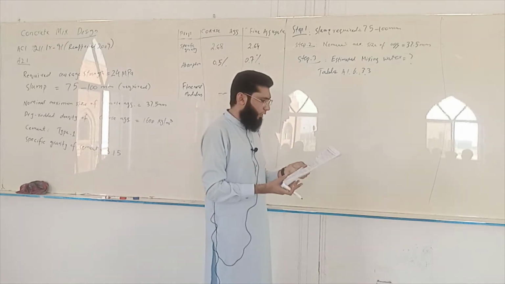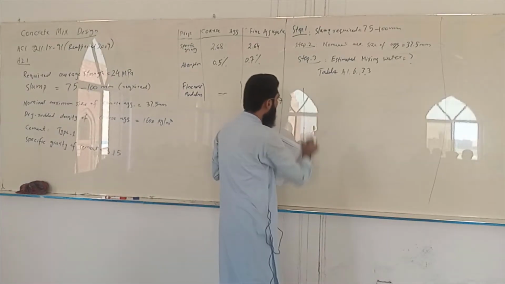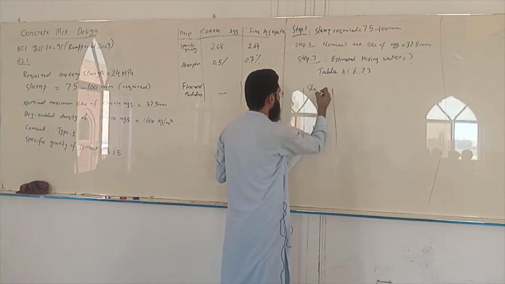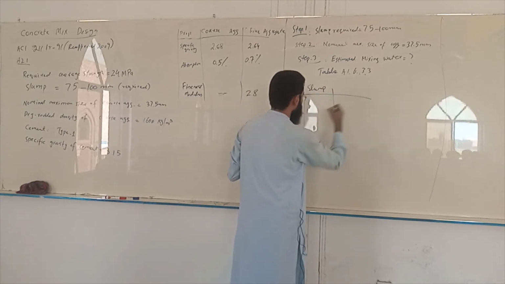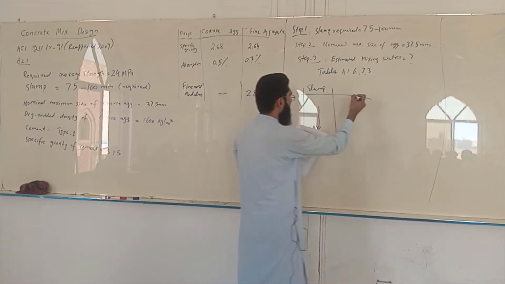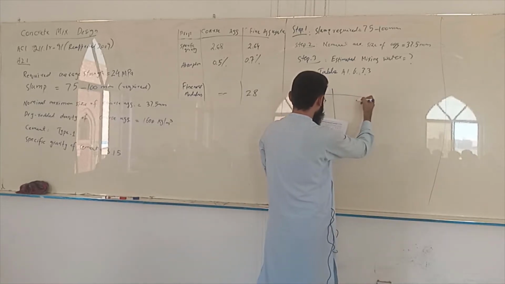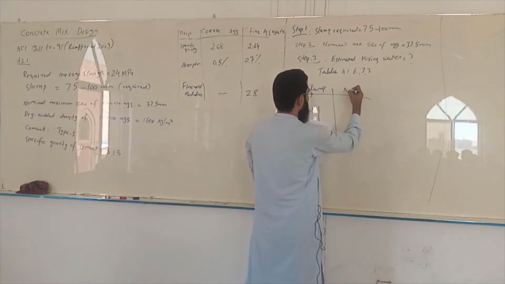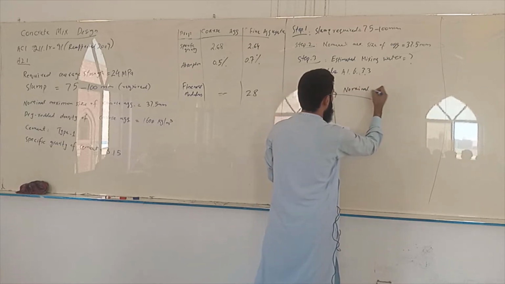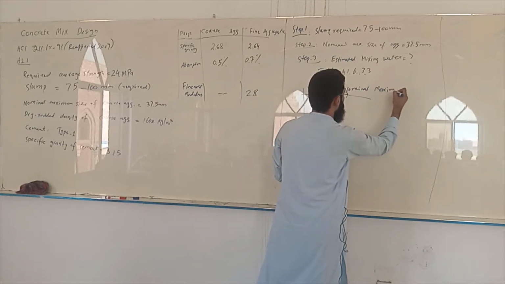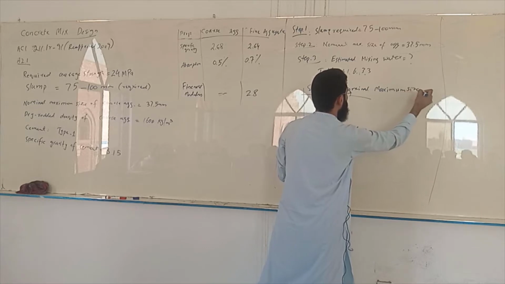So on this table, you see the slump on this side, and on this side you have the nominal maximum size of coarse aggregate.